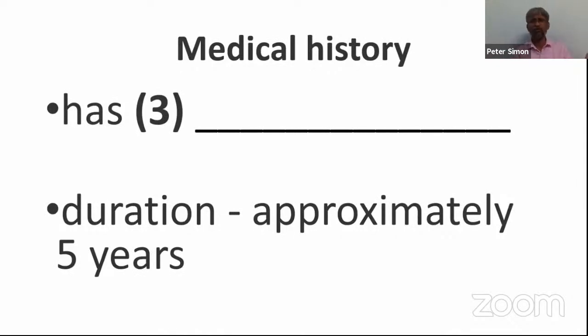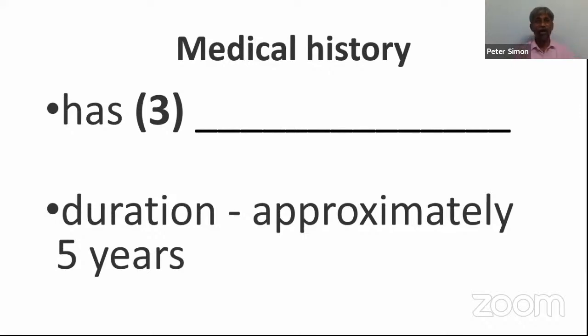You should know that history means past. So, has something. McDonald has something. Every time you see something is coming, that something is very, very important. That is a noun.